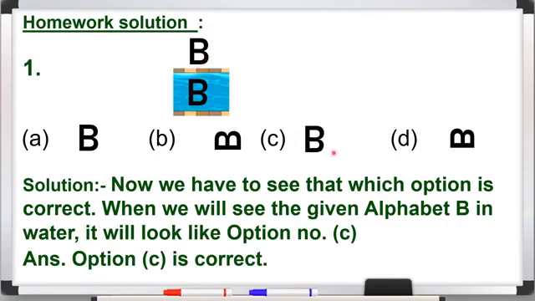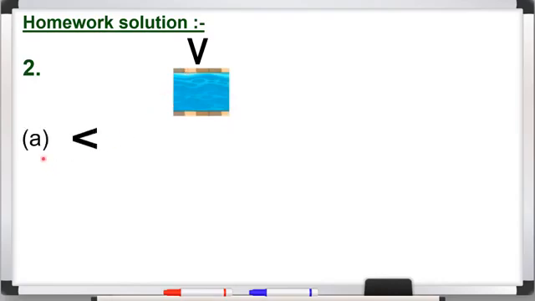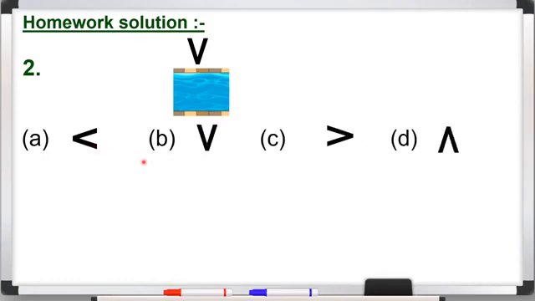ठीक है, now the next is question number 2. This is B. Okay, और B को हमें वाटर इमेज में देखना है. Options are A like this, B like this, C like this, and D like this.